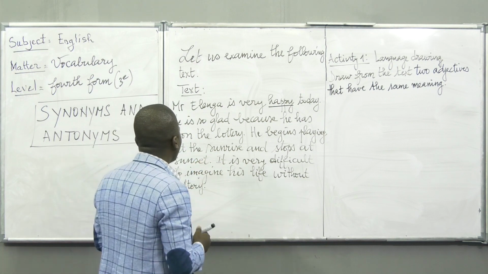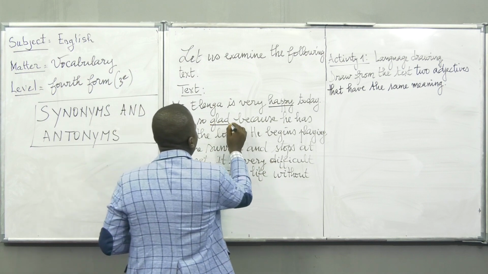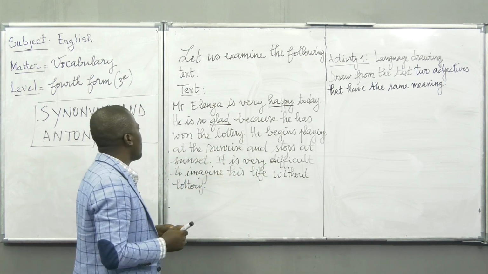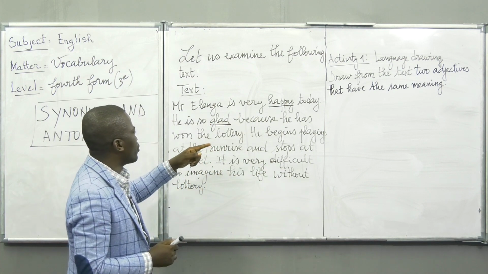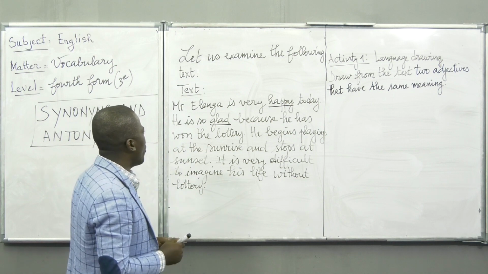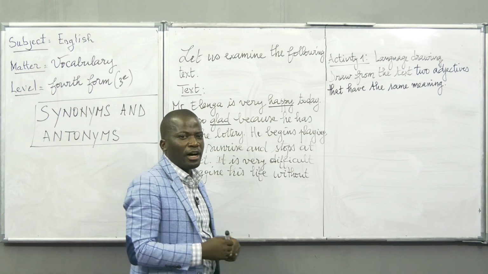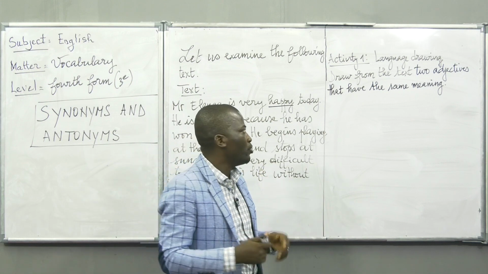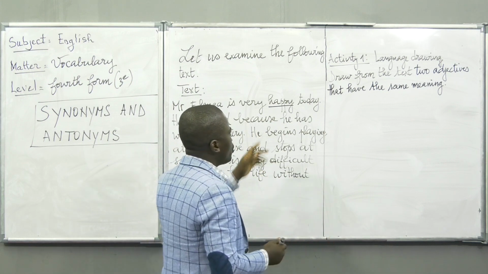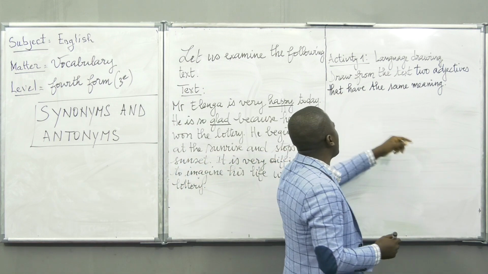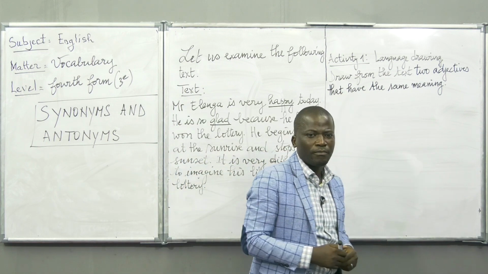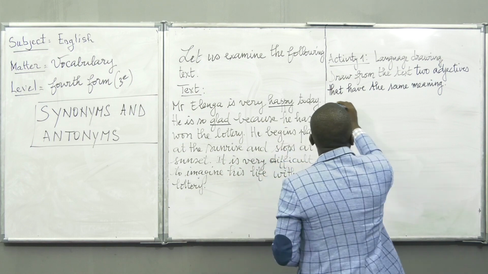Good. Glad is an adjective. Thank you very much. Now we have happy and glad. Happy and glad have the same meaning. So, activity number 1, draw from the text 2 adjectives having the same meaning. Write them here.